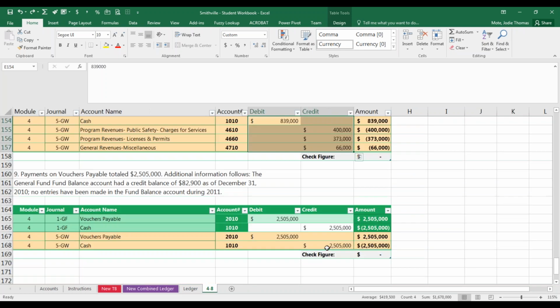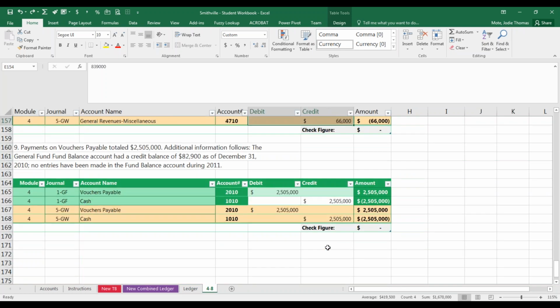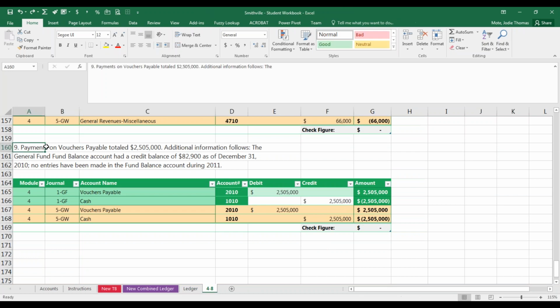It's very similar to for-profit accounting, as is this one. All you're doing here, payments on vouchers payable total $2.505 million. There's additional information as follows. The general fund balance account had a credit balance as of December 31st. No entries have been made in the fund balance account during 2011.